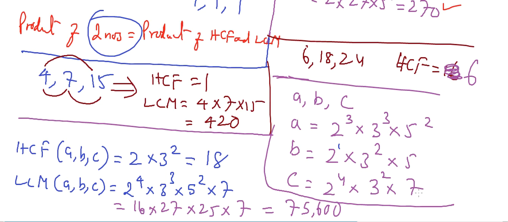The common division method will actually be the easiest. But if any number is available in prime factorized form, like here where A, B, C are given as a product of factors, then it's easy to use this method to find HCF and LCM.